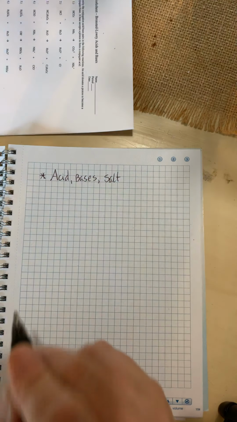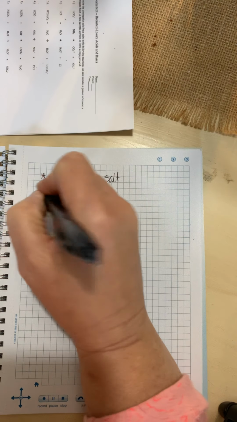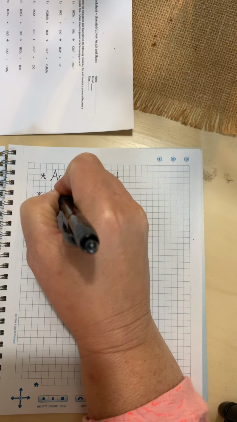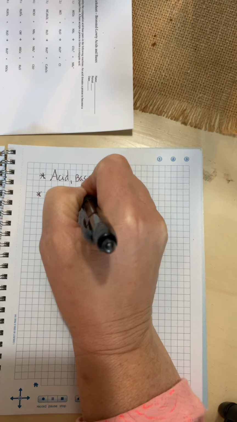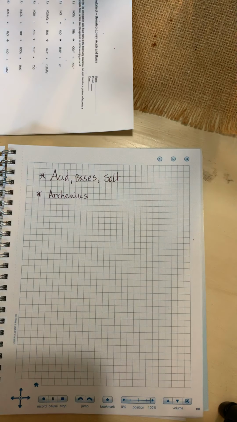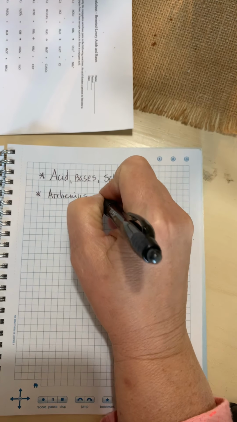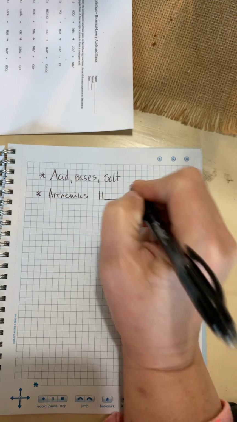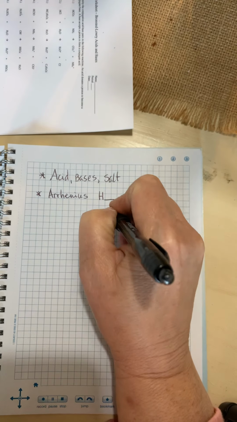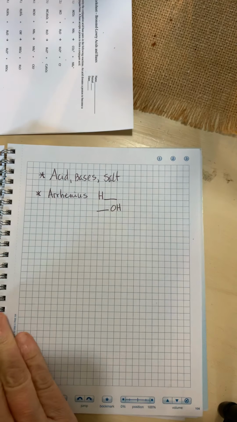The other thing you want to be able to do is identify an acid and a base according to Arrhenius. Arrhenius's definition typically centers around a formula. Acids, according to Arrhenius, contain hydrogen, and bases contain hydroxide.